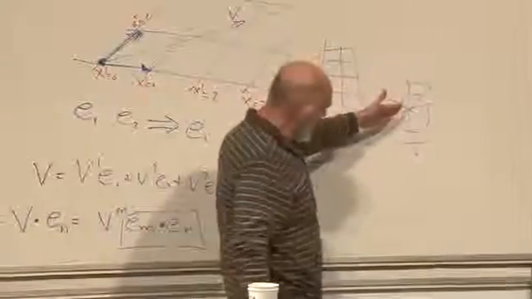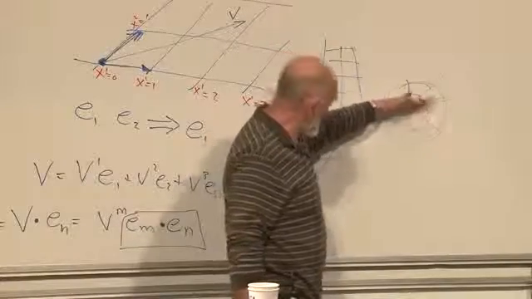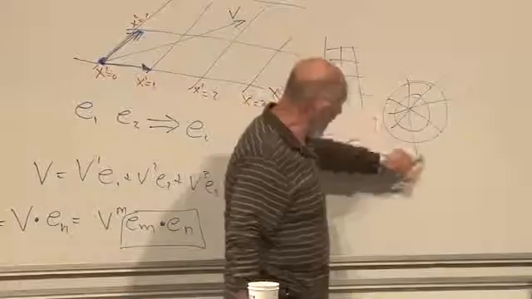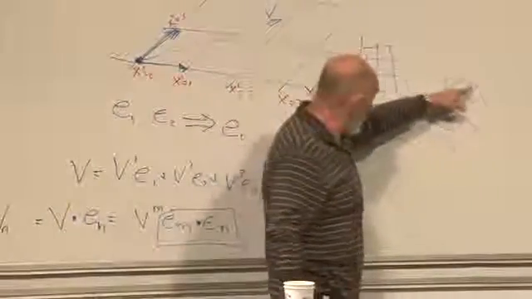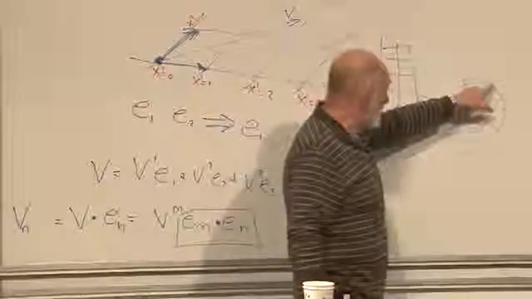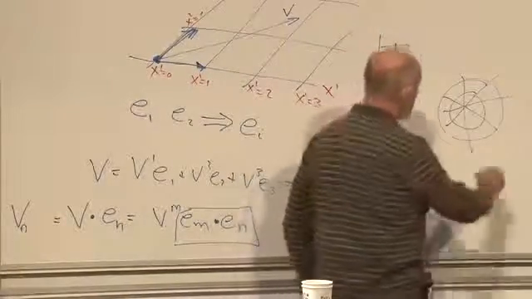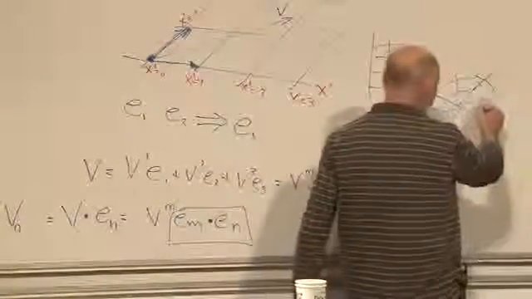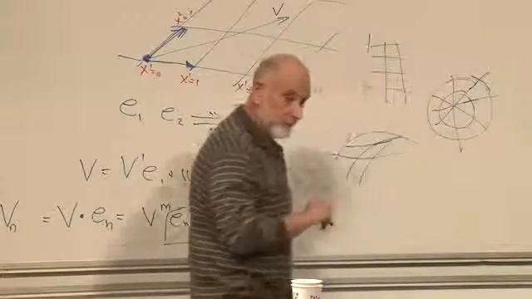The lines along which the radial coordinate increases are just the radial lines, and the lines associated with the angular coordinates are just the circles. And clearly, at every point, a circle is perpendicular to the line passing through the same point. I didn't draw them very well, but these coordinates are orthogonal to each other.